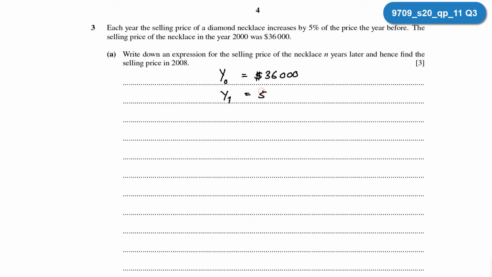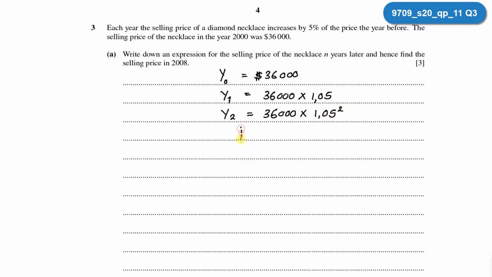So it's more like we're saying in dollars, 36,000 increasing by 5% is the same as multiplying this by 105%, or simply 1.05. So this will be the new value after year 1. 2 years later, we'll be increasing the value from the previous year, again by the same percentage. So it'll be 36,000 multiplied by 1.05 squared.